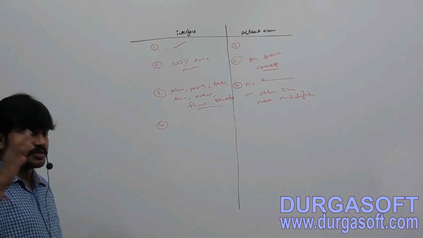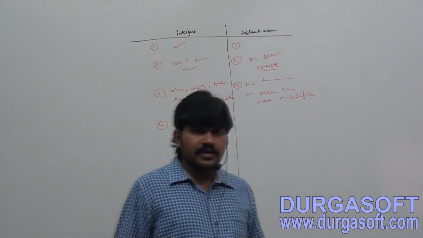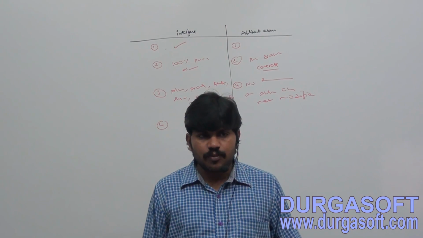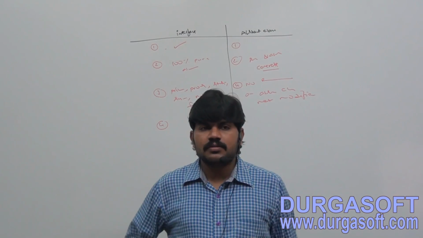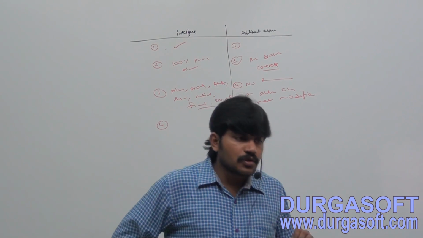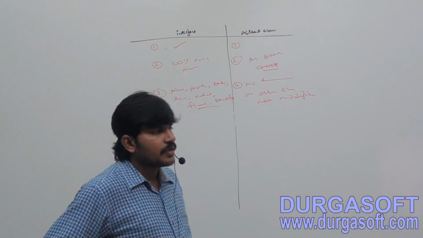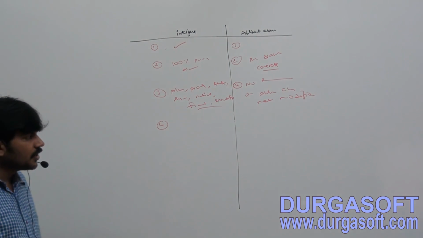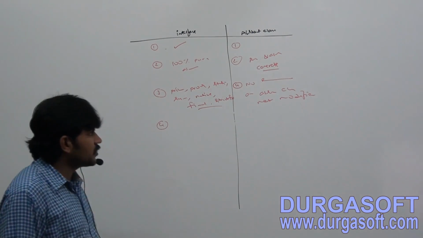Can you spell out all the list? Private, protected, final, static, synchronized, native, and strictfp.